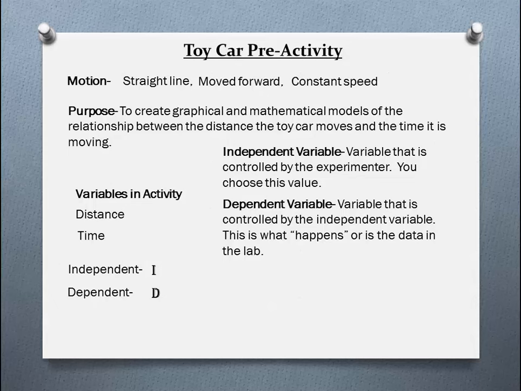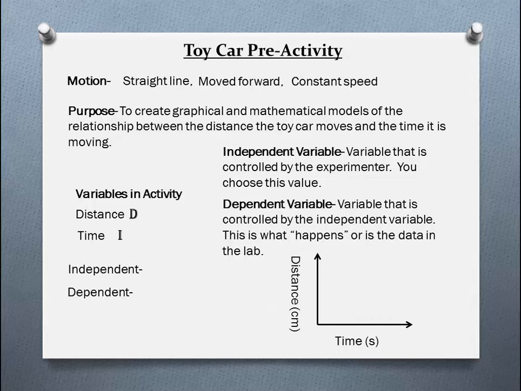I'm going to choose for you: the independent variable is time, and the dependent variable is therefore distance. So for our graphical model, we're going to graph time on the x-axis and distance on the y-axis.